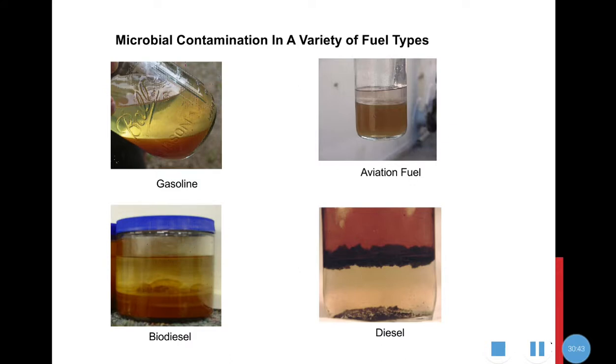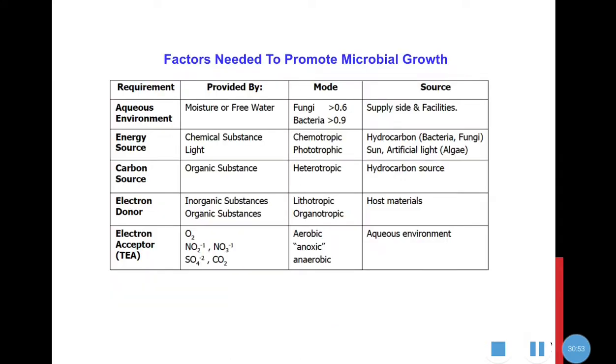So between this variety of fuel, there are different types of microbial that cause the microbial contaminations to the fuels. Okay. Ini ialah the factors that are needed to promote microbial growth. So it depends on the types of microorganism tadi. Kalaulah dia tu memang perlukan nutrient, so kita akan tengoklah kat sini dalam condition macam mana yang menyebabkan dia perlukan oksigen.